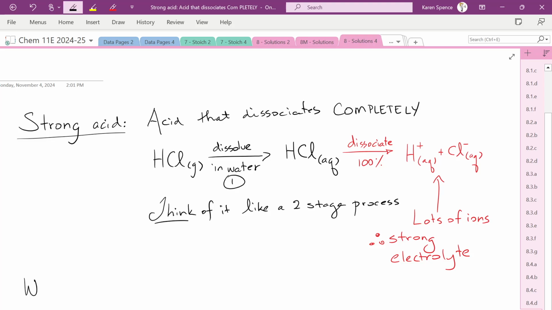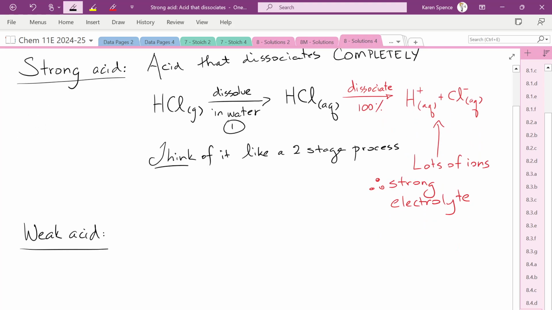Okay, weak acid. It's an acid that does what? Yeah, it dissociates only partially, okay? An acid that dissociates only partially.